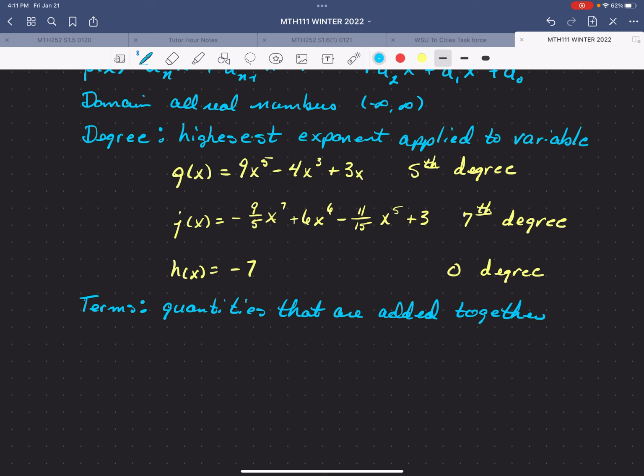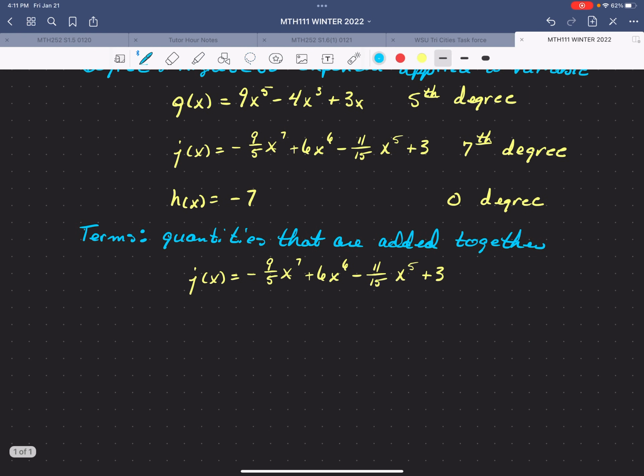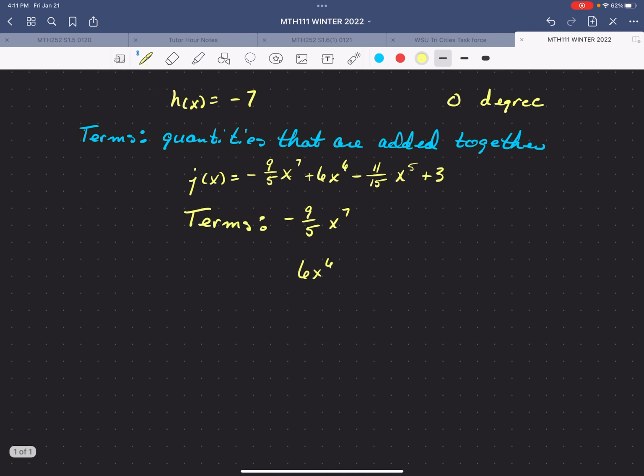And so if we take a look at this j of x, he's got 4 terms. So the terms of this polynomial are negative 9/5 x to the 7th, 6x to the 6th, negative 11/15 x to the 5th, and 3.